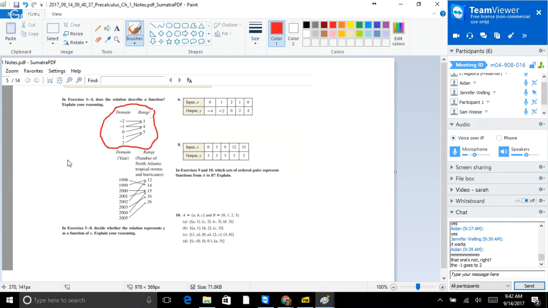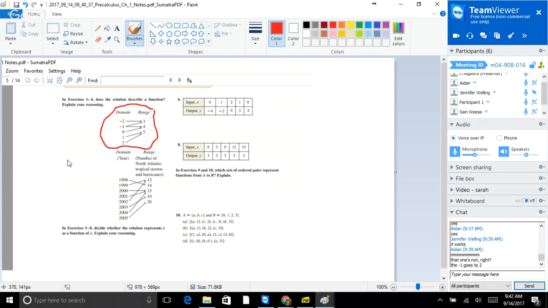2 or more elements of A may be matched with the same element of B. We definitely have that going on because 1 and 2. So I'm looking at characteristic number 3. 1 and 2 are both matched to 5, but that's okay. You're allowed to do that. But then we get to number 4, and like I said, this is the big one of all 4: an element of the domain cannot be matched to 2 different elements of the range.